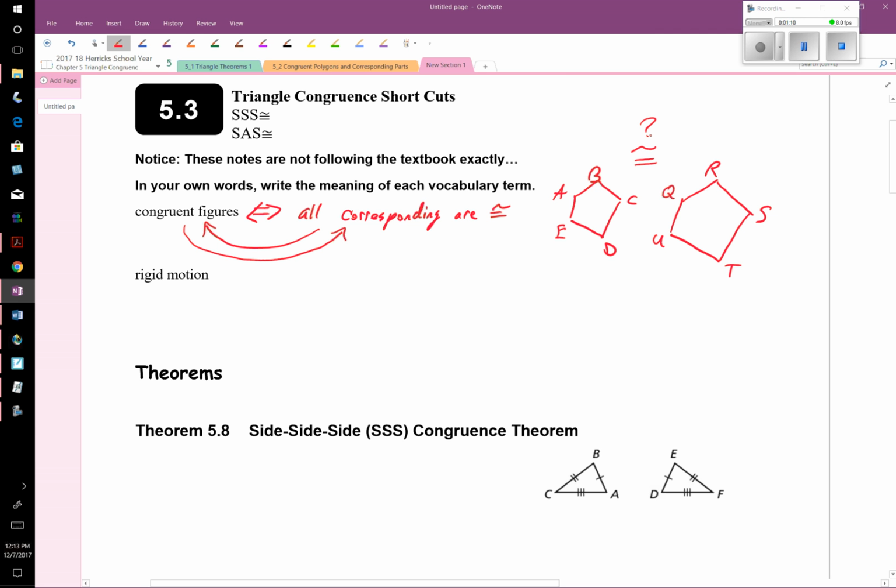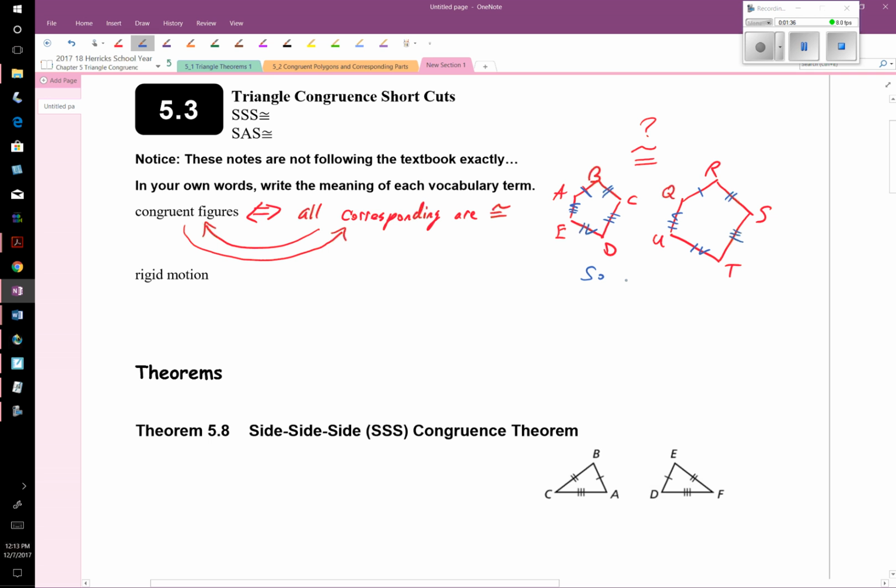Well, I'd have to find something that corresponds to AB, let's say it's QR, and if I can prove that BC is congruent to RS, and this side is congruent to this side. Here we have these guys congruent, and here we have these guys congruent. But then I also have to check the angles.